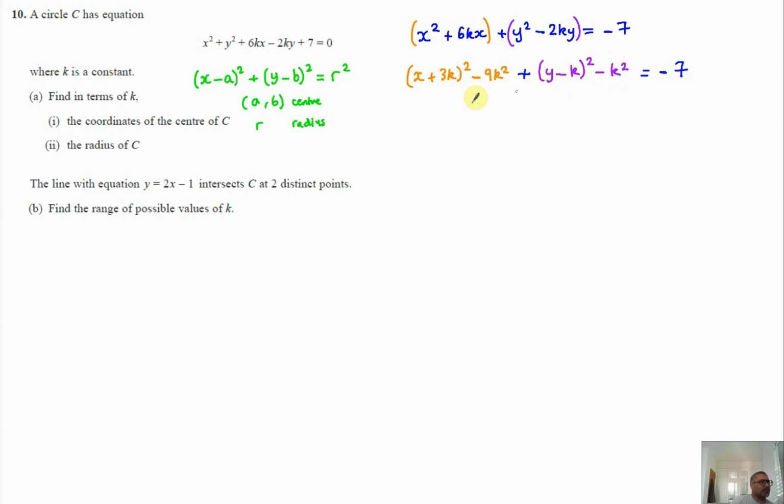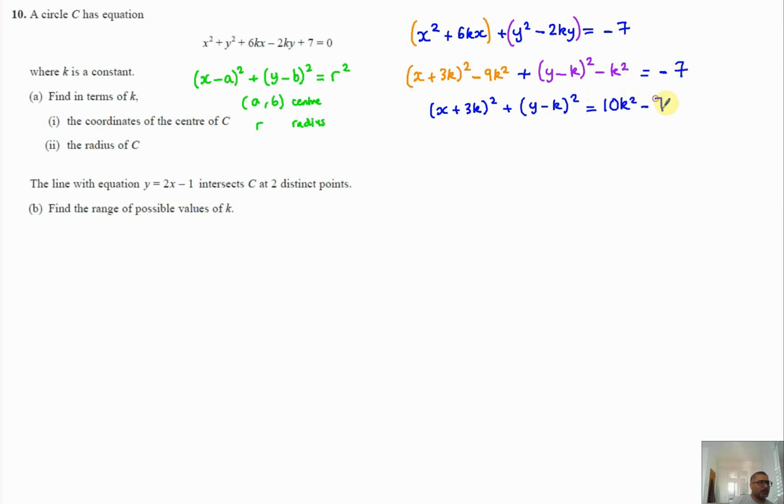Just neatening this up a bit, if I rewrite my equation now, I've got (x plus 3k) squared plus (y minus k) squared, and minus 9k squared minus another k squared gives us minus 10. So if I add 10k squared to both sides, I end up with equals 10k squared.